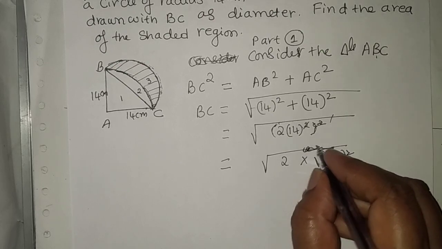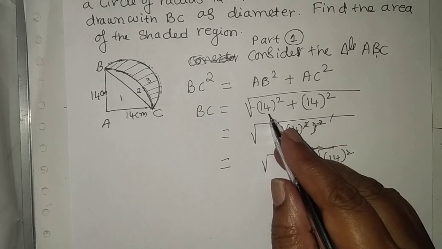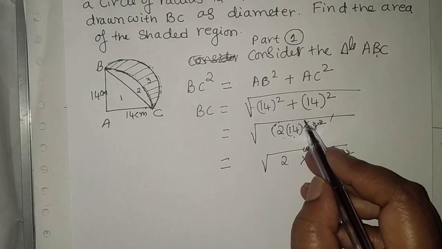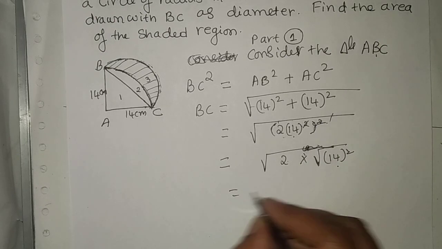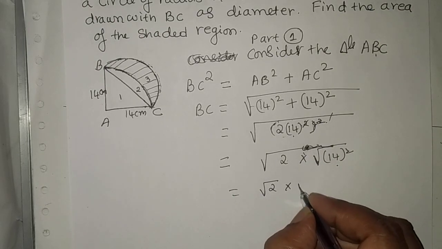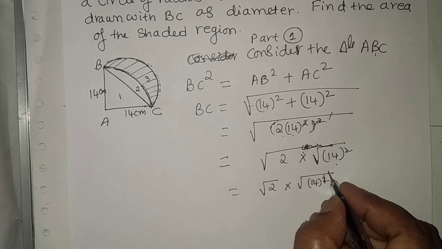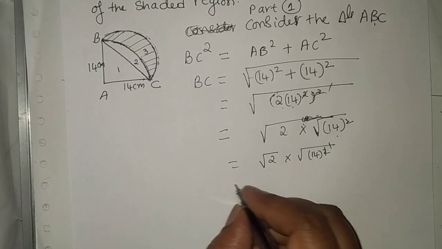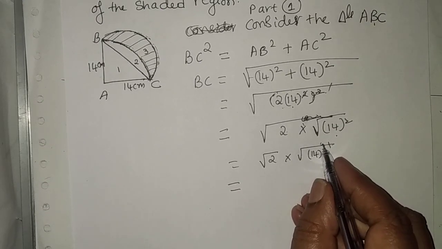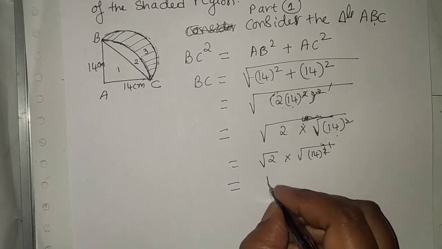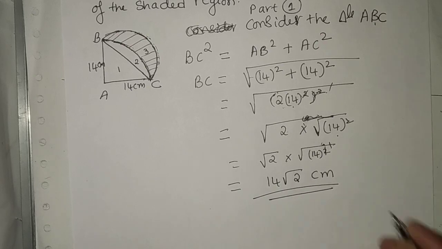We split this into root 2 into the square root of 14 square. Therefore 14 root 2 centimeters is BC.